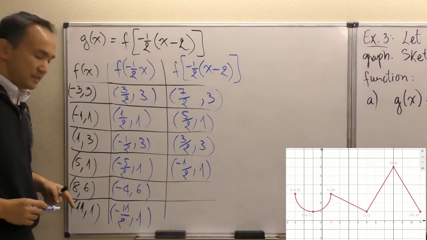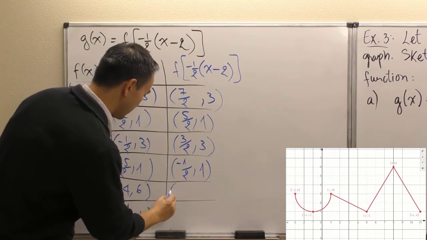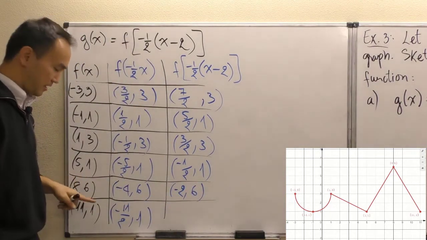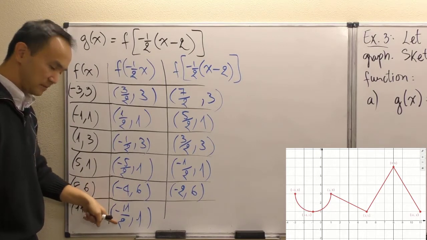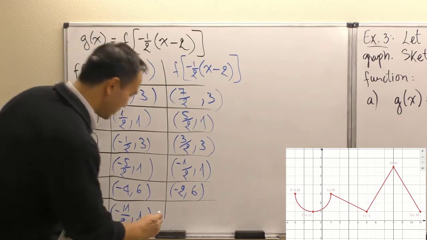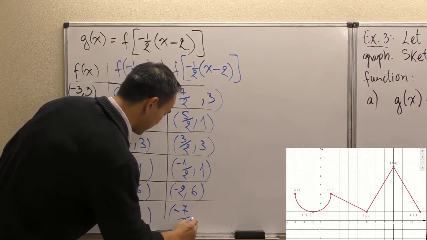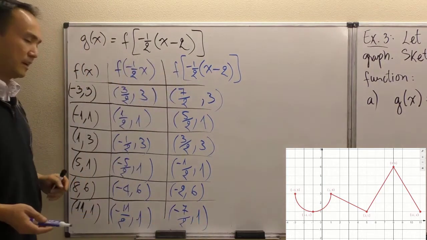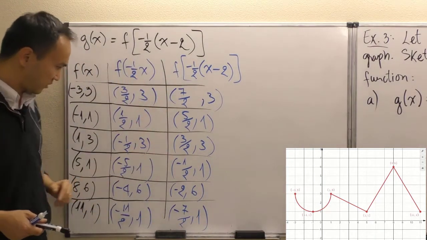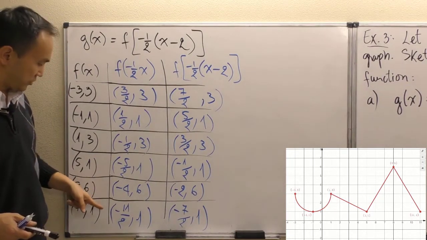Negative 4 plus 2 is going to give me a negative 2, with comma 6. And now negative 11/2 plus 2 gives me negative 7/2, comma 1. Allow me a minute or so to double check my calculation quickly here because I was doing that in a rush. That's adding with 2.